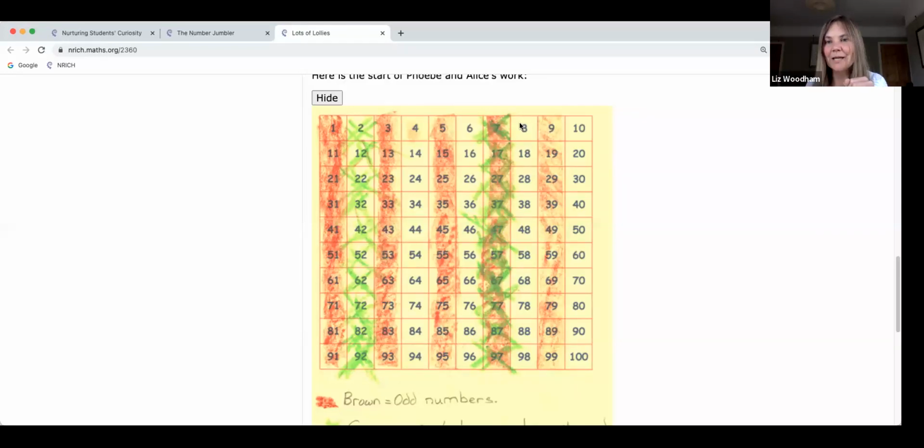Now, as we were working on this problem, Charlie had some really lovely suggestions of how we could take this further. Charlie, can I hand over to you?